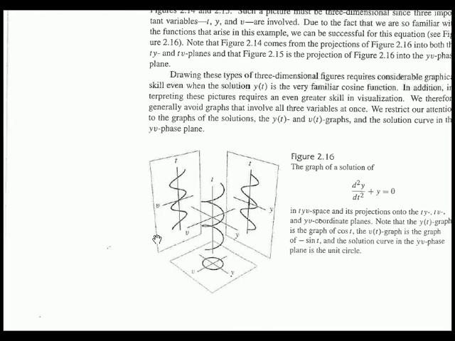Now, for a general system where the right-hand sides do involve t, the equivalent of a slope field would be a three-dimensional plot, and you'd have to plot the slope as a function of x, y, and t, and that's almost impossible to visualize, so we won't even try to draw the equivalent of a slope field for systems of equations. But for autonomous systems, we can draw a phase plane, which is analogous to the phase line.